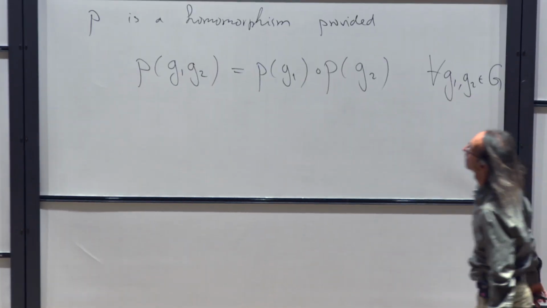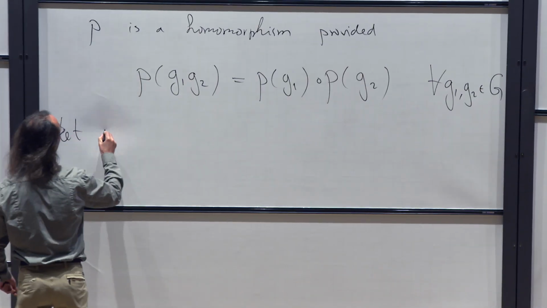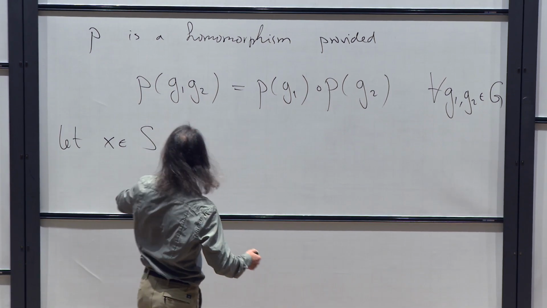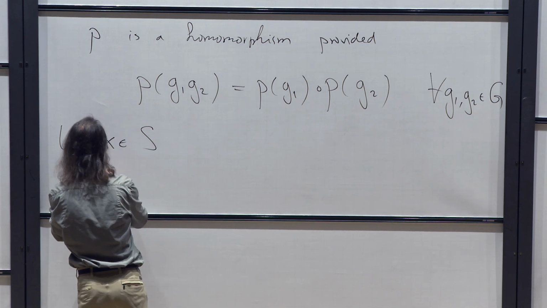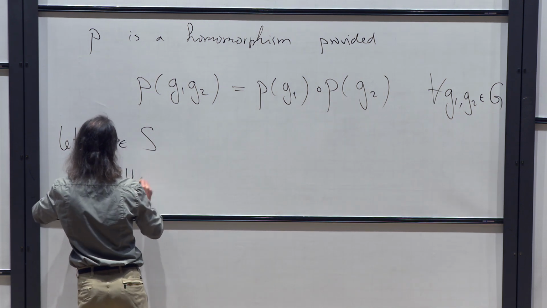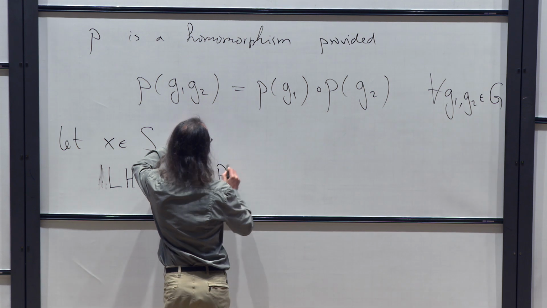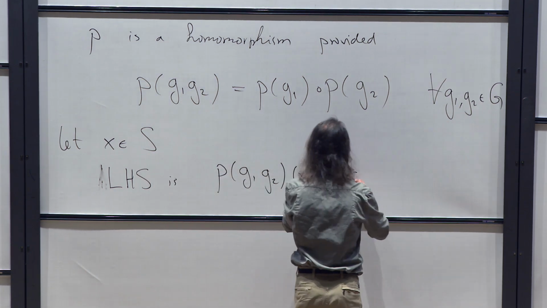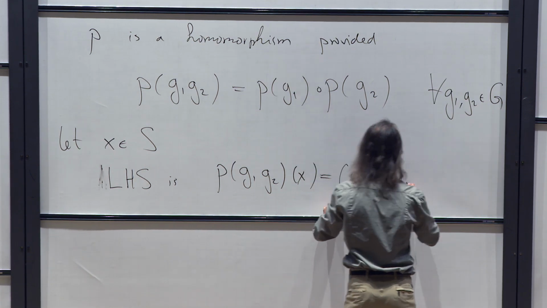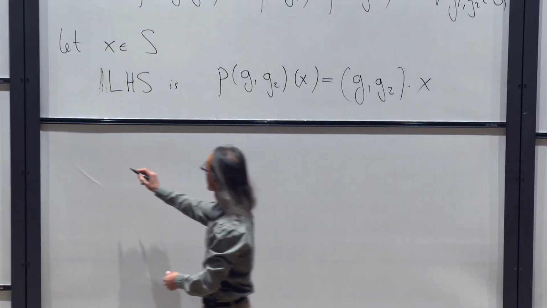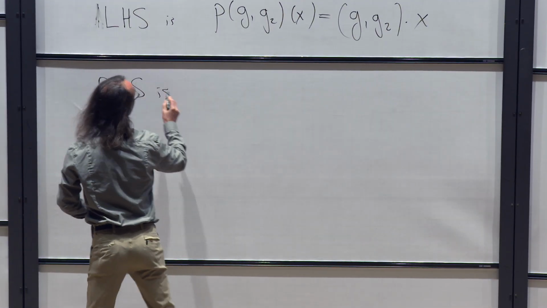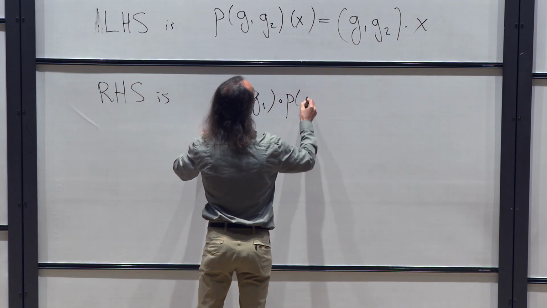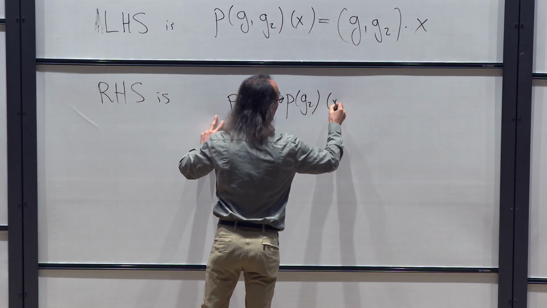Okay, is this true? So let's test it by taking an element from S and applying these maps on it. Now the left hand side, rho of g1 g2 applied on x, is g1 g2 dot x. Yeah. Right hand side is rho of g1 composed with rho of g2 applied on x.